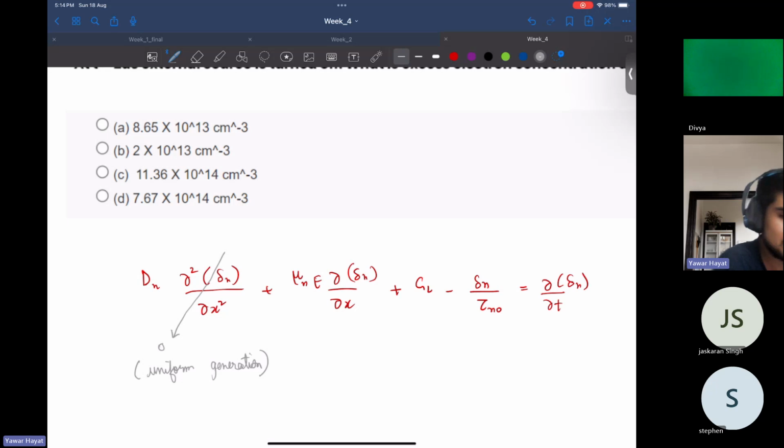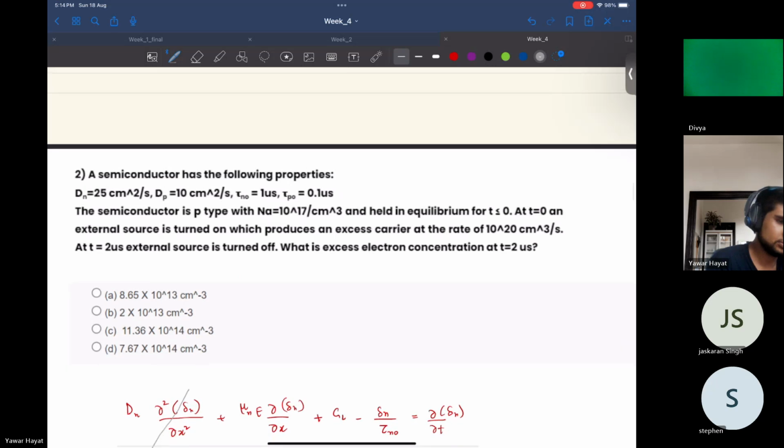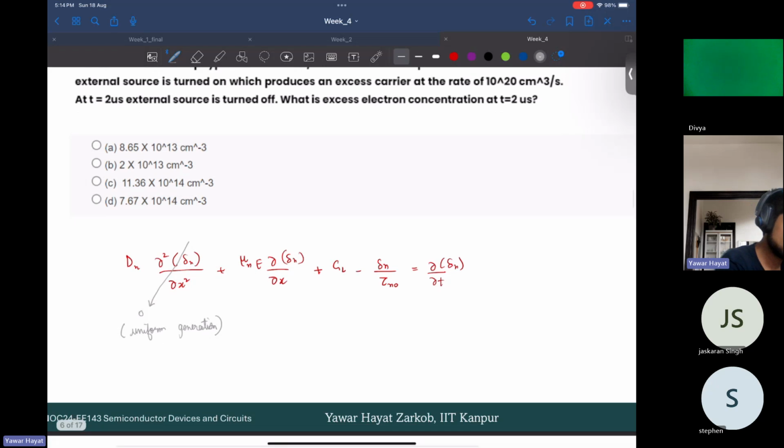And also the second term is 0. Can someone tell why? Why is the second term 0? The second term is 0 because the electric field is 0, right? There is no electric field.